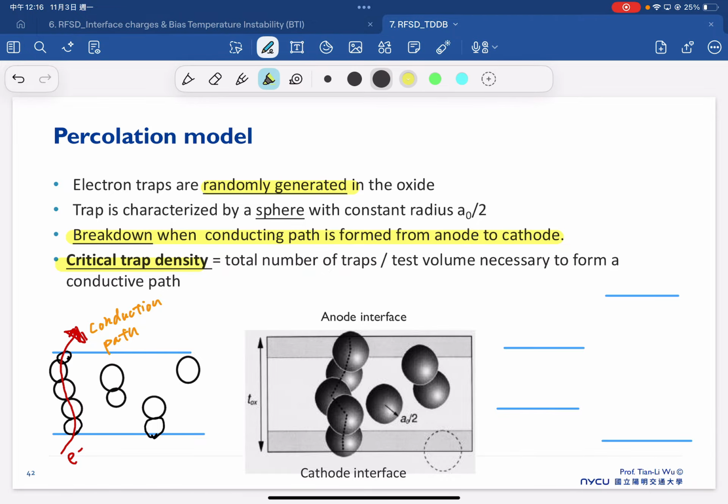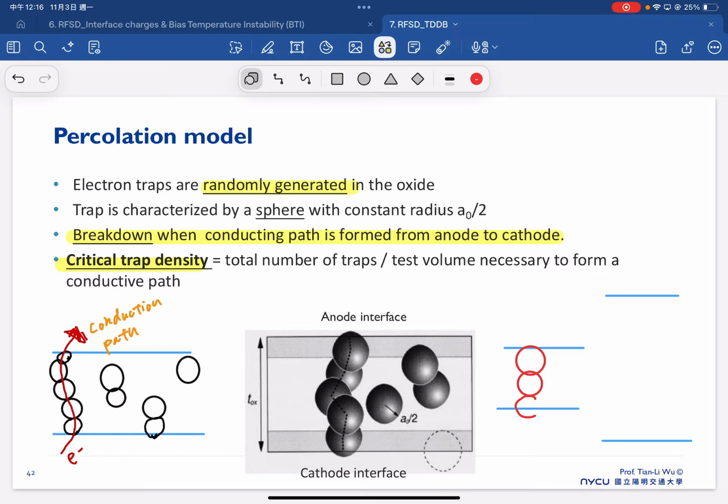In the case of a thin dielectric, we probably only need 3 defects. That's enough to form the breakdown, and it is fast because we only need 3 defects. So the time to breakdown is small.